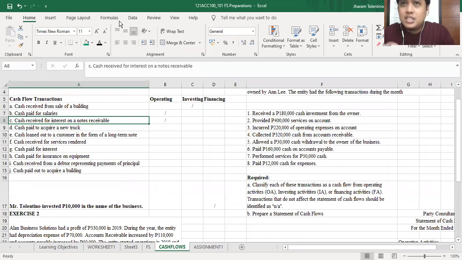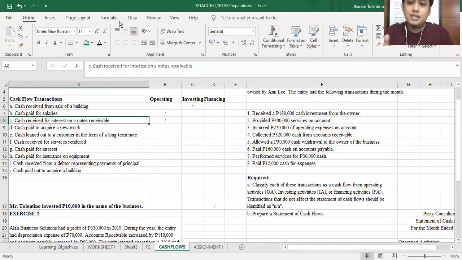Pag short-term notes receivable, ibig sabihin ginagamit yan for the operations, operating activities yan. Pero kapag long-term notes receivable, na hindi naman nanggaling from the operation of business, basta nagpautang lang siya, hindi naman yung business ang magpapautang, part yun ng investing activities.